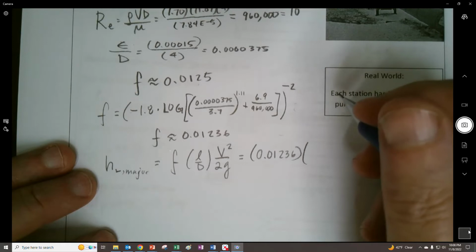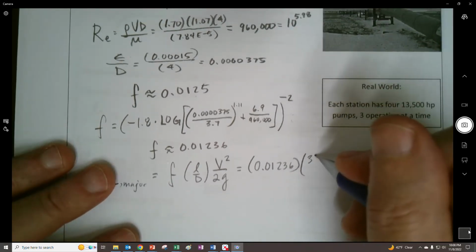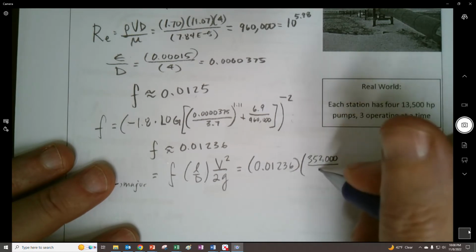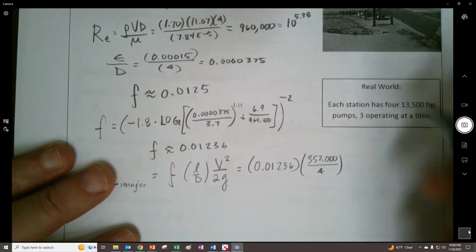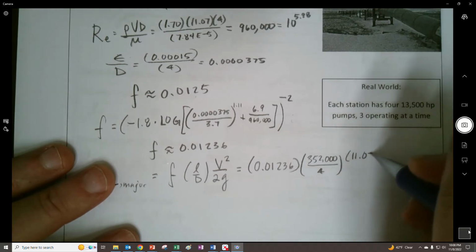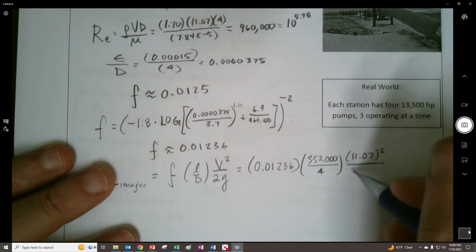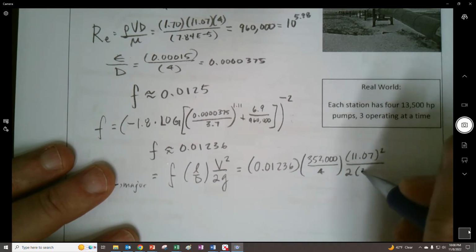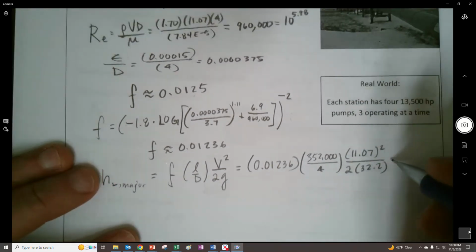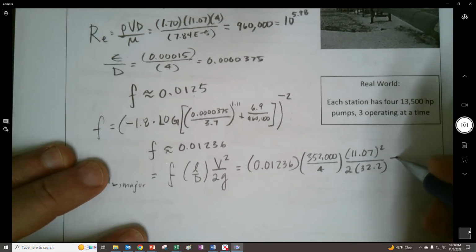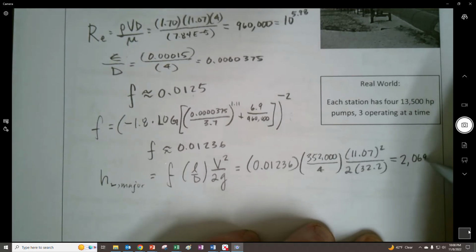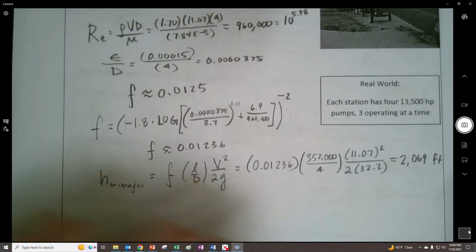The length of the pipe was 352,000 feet, and the diameter is 4. The velocity is 11.07, and that's squared, and divided by 2. And we're using US units or British gravitational, 32.2. And what we end up finding is we get 2,069 feet of head loss.